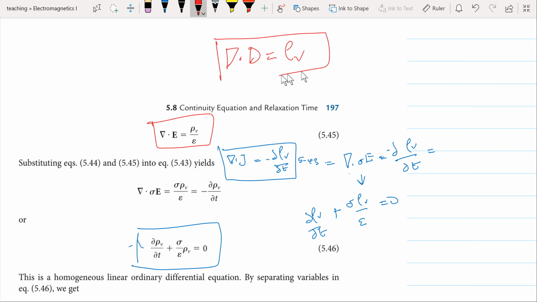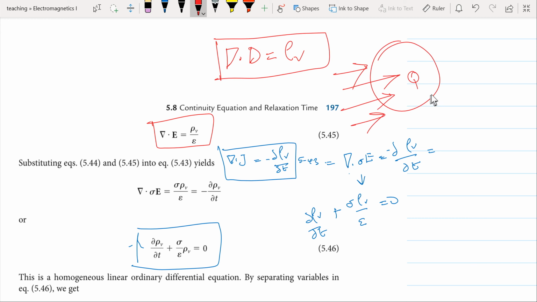That is, if you have a medium, the flux passing through this medium is only equivalent to the charge enclosed herein. Since we know D can always be expressed as epsilon E, we can divide by epsilon on both sides and are left with E. Therefore the divergence of E is equal to rho v over epsilon. Therefore we have equation 5.45.